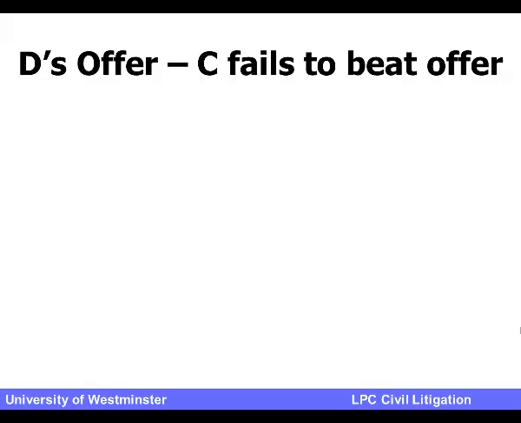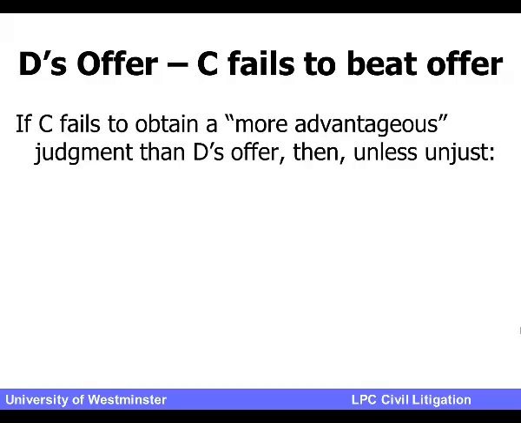So let's look at the defendant's offer first and look at the situation where C fails to beat that offer, i.e. the claimant gets less than what the defendant offered, or as the rules put it, the claimant fails to obtain a more advantageous judgment than the defendant's offer. So in that situation, C should have accepted, didn't, and will be penalised for not having done so.